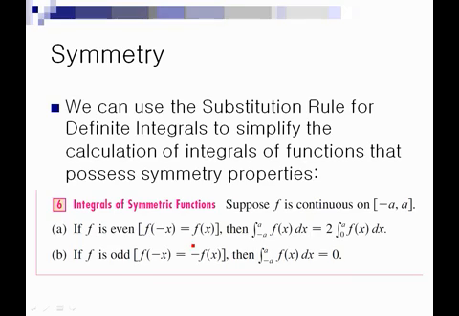It turns out that if it's even, you have the exact same amount of area on the other side of the y-axis, thereby only making the integration from 0 to a necessary, and then you can just multiply by 2. But for an odd function, if you're integrating from negative a to a, you have a net area of 0 because you have an equal amount of negative area to an equal amount of positive area.